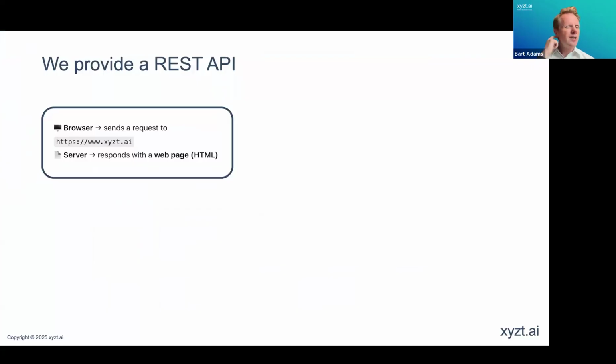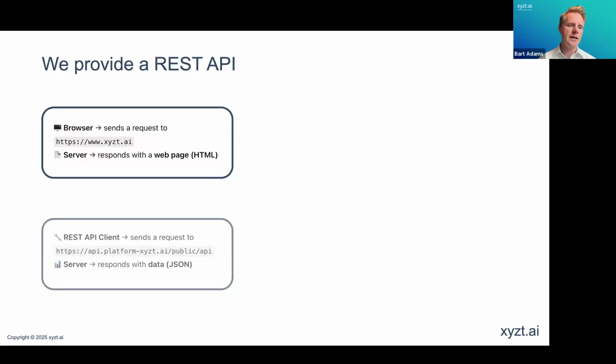For those of you who are a little bit unfamiliar with REST APIs, it's very similar to how we browse the internet. And it's in fact almost the same thing. So if you go to our website like www.xyzt.ai, you're basically doing a request to a server, and the server returns you an HTML page that your browser then nicely visualizes. Well, the REST API is similar.